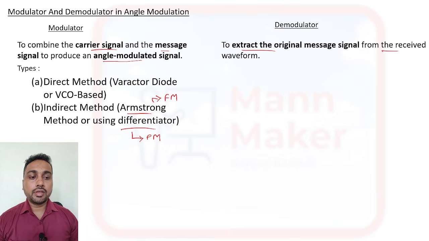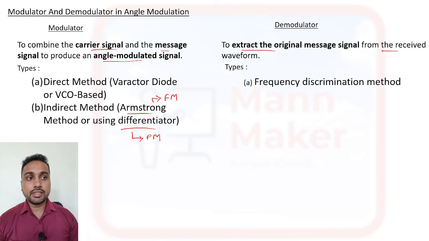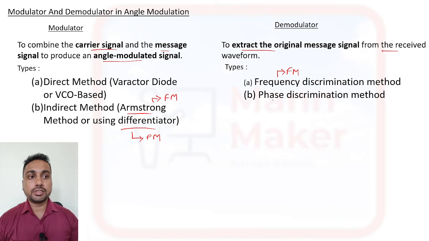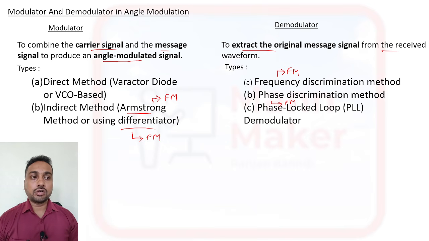Now for the demodulator, to demodulate frequency modulation we use the frequency discrimination method, and we have the phase discrimination method for PM, and another one is the phase locked loop, that is the PLL demodulator. This is the modulator and demodulator of angle modulation.